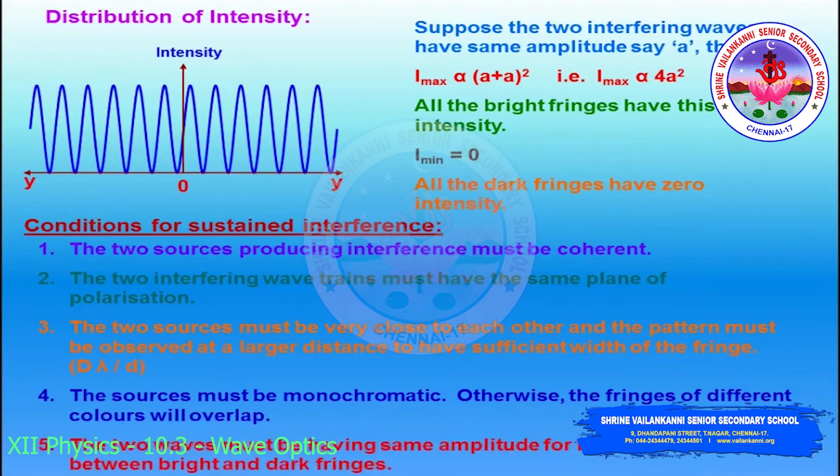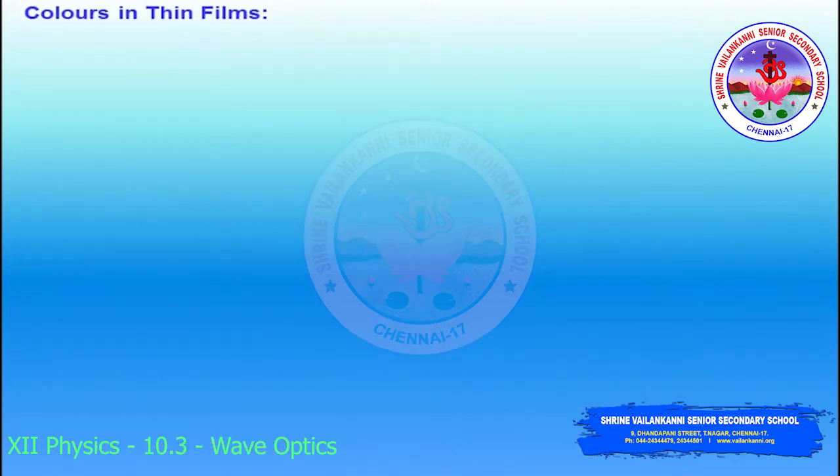So the two waves must have the same amplitude, for a better contrast between the bright and the dark fringes. Then the next topic is colors in thin films, which we can understand through the ray diagram. For example, a soap film appears colored in white light. We can see how the interference in a thin film works, right?